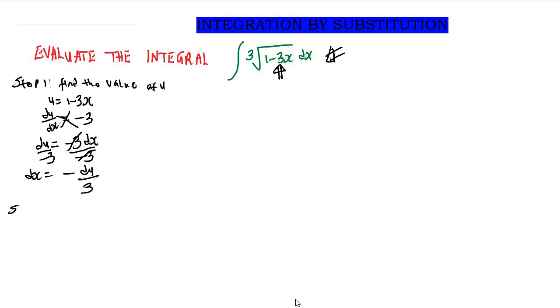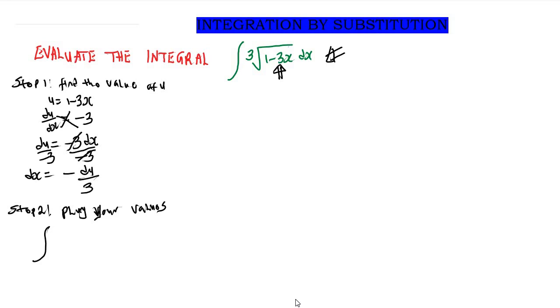Now the next step is to plug these values inside the integral. So this is the integral of the cube root of 1 minus 3s.